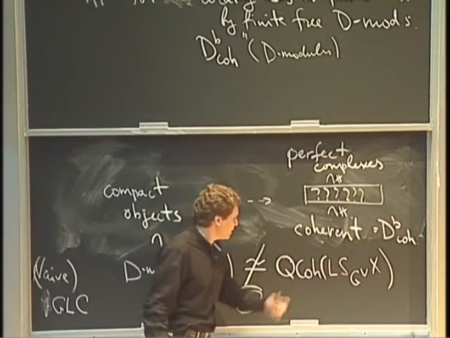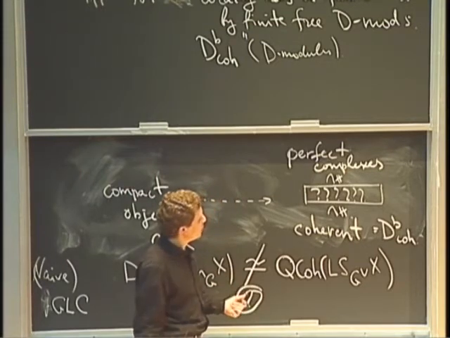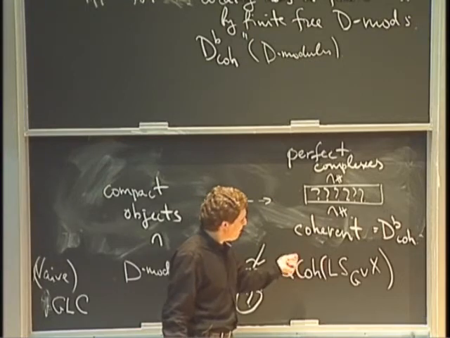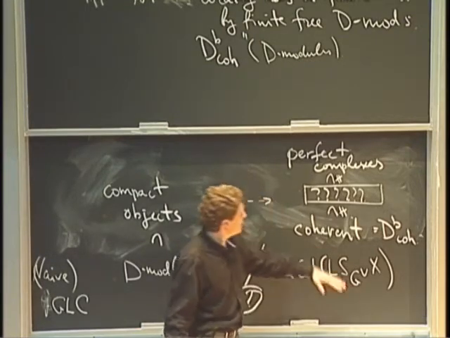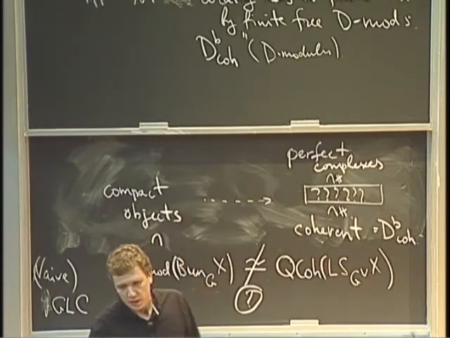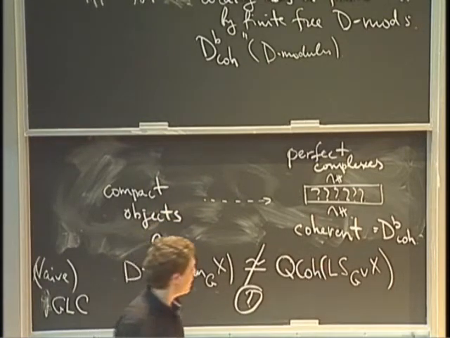And so it's not surprising that in order to accommodate for this, we actually have to deal with singularities of this and with singularities of complexes at those points. Now, let me try to make this precise.